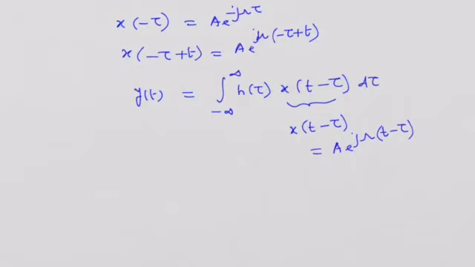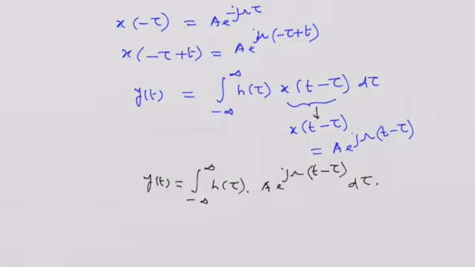So I can write the final result by applying this into the convolution integral: y of t is equal to the integral from minus infinity to plus infinity of h of tau into a e power j omega into t minus tau d tau.